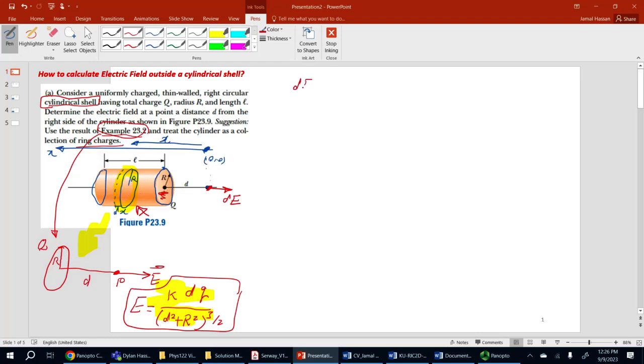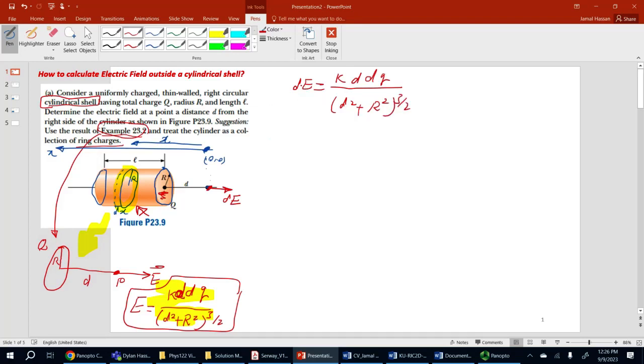So dE is equal to K, and there should be the distance here, right? We mentioned it, but we forgot to include it. In this case it's d. So it's K multiplied by d, multiplied by dq, divided by (d squared plus r squared) to the power of 3/2.